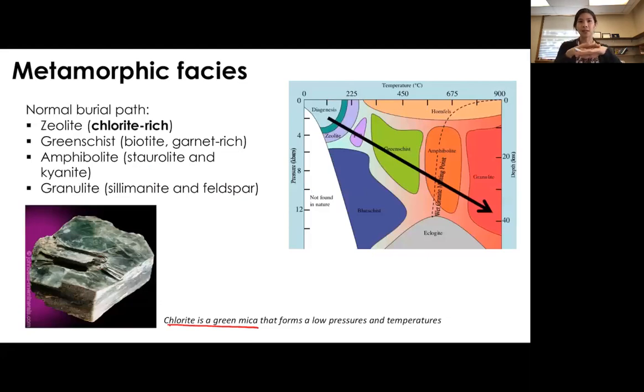It looks like stacked pieces of sheets of paper. And this is a particular mica that forms at low pressures and low temperatures. As that increases under pressure and temperature, we'll go into a greenschist facies where we have a lot of biotite and garnet rich schists that eventually undergo another transformation to become amphibolite facies where minerals such as staurolite and kyanite appear.